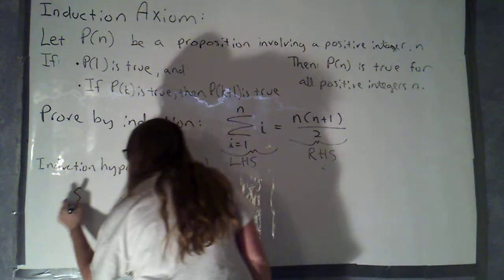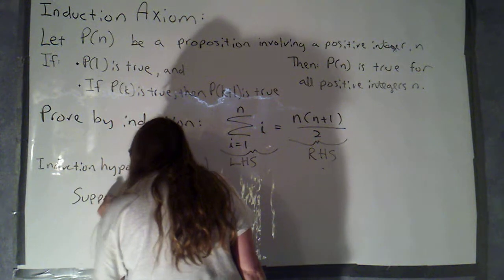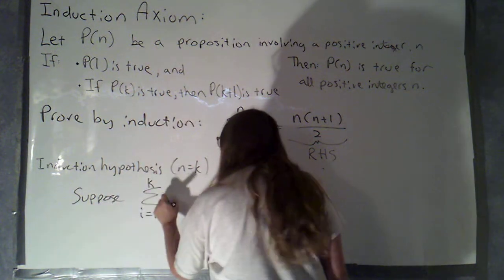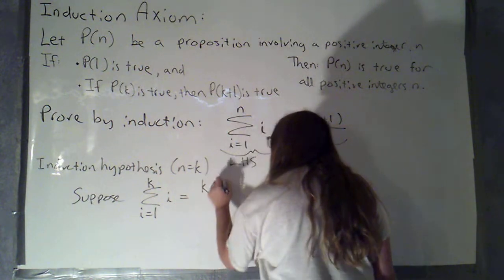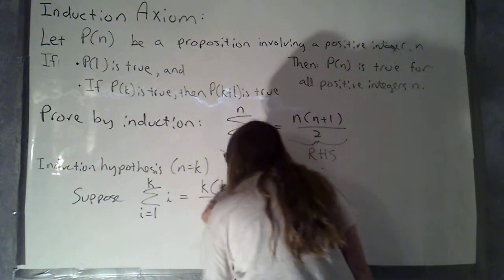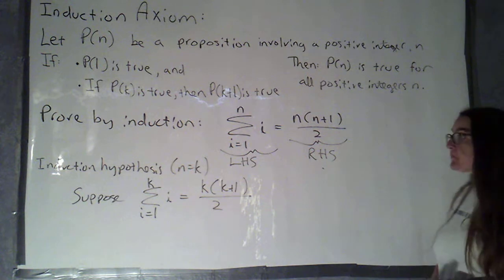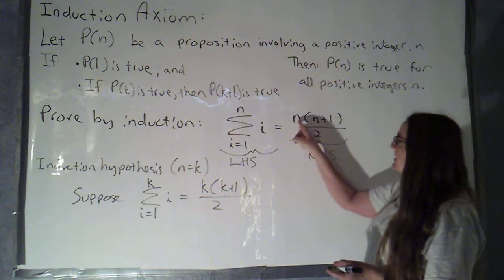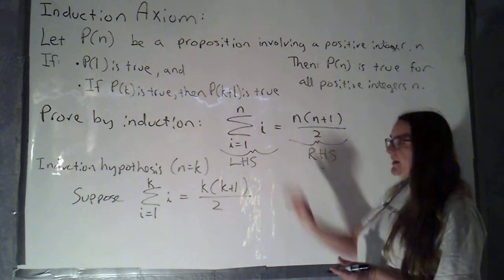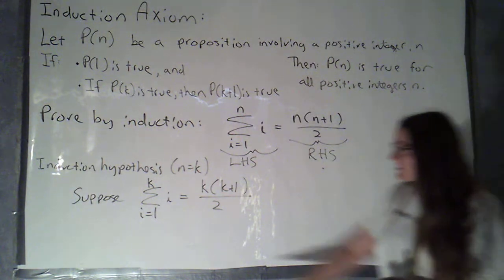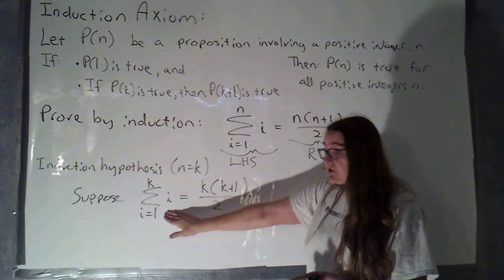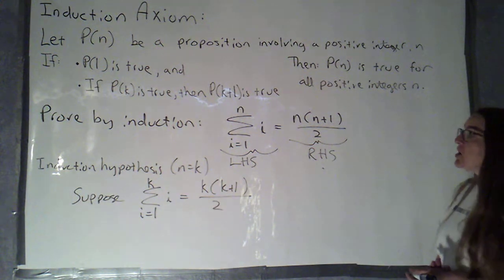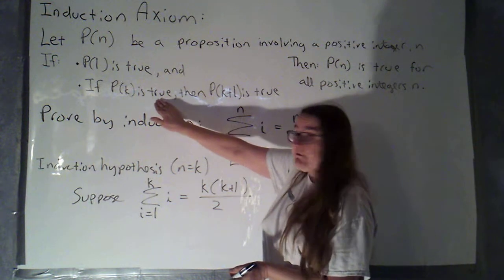So I'm just going to suppose that the sum as i goes from 1 to k of i is equal to k times k plus 1 over 2. Notice that's the formula that I'm trying to prove, but every single one of the n's got replaced with a k. So this just says the sum of the first k integers can be calculated by this formula. Okay.